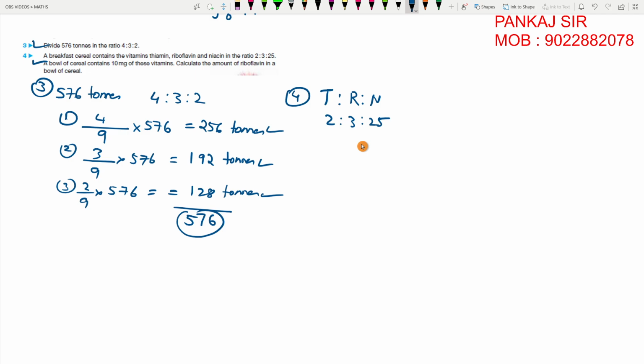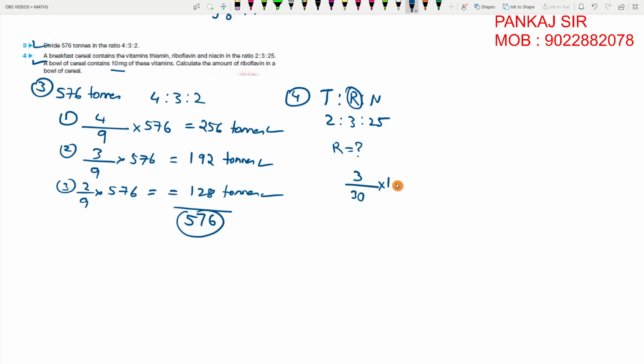Now, the breakfast cereal consists of these three vitamins in the ratio 2 is to 3 is to 25. The question asks to calculate the amount of riboflavin. So riboflavin will be equal to 3 over 2 plus 3 is 5, 5 plus 25 is 30, so 3 over 30 times 10 milligram.